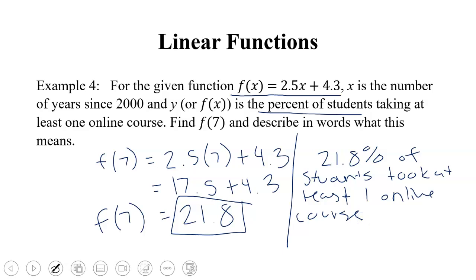Now, what is the 7? That's telling us that it is 7 years since 2000. So 7 years since 2000 is 2007.